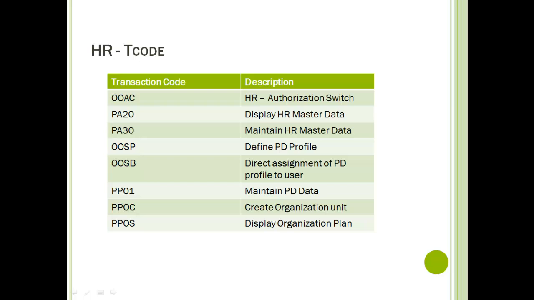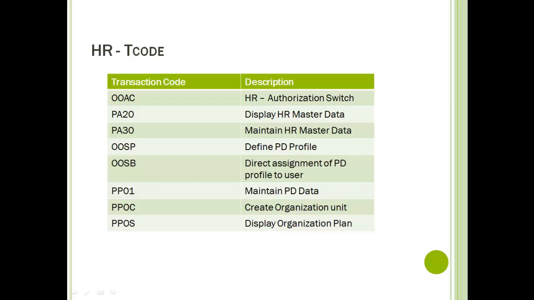If you have seen our logistics transaction codes, you will see VA01 is create, VA02 is change and VA03 is display. Here it is a little different from the logistics ones. PA20 means display data, PA30 means maintain HR data.